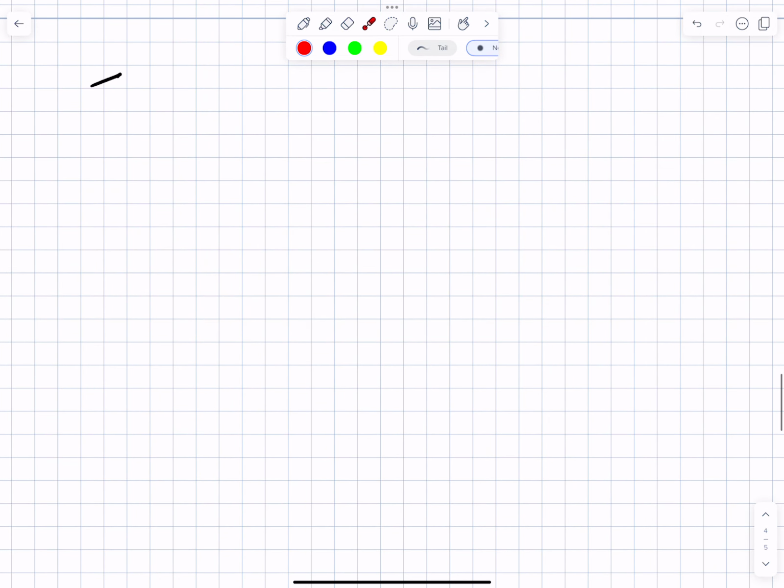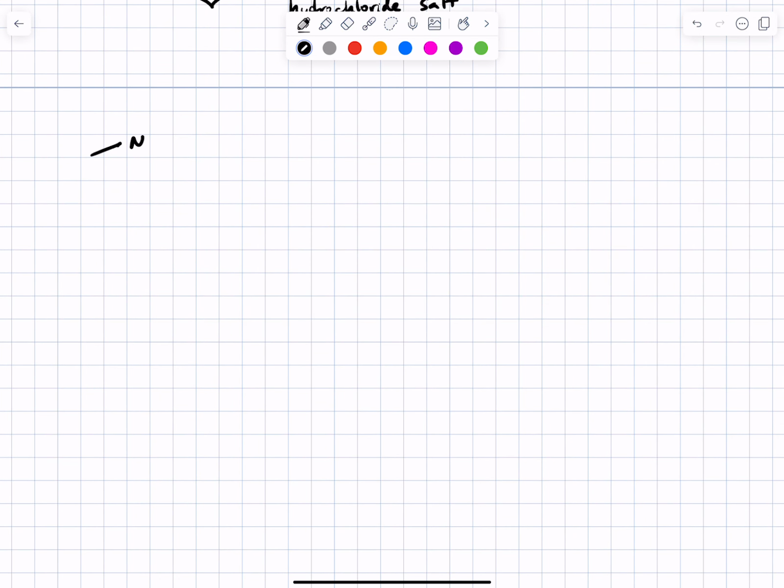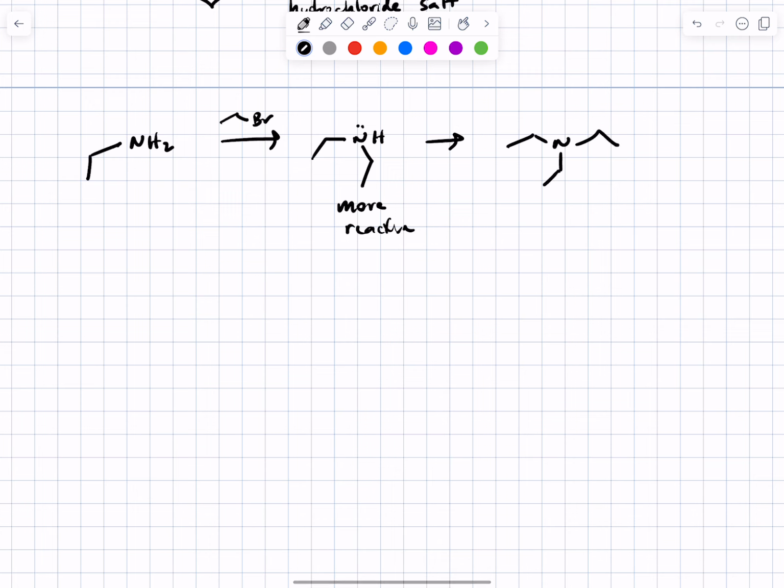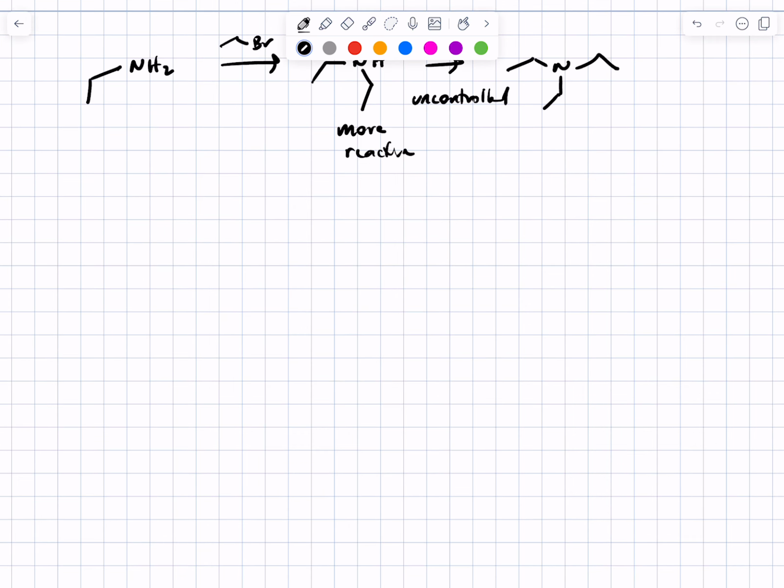So one of the classic problems in synthesizing amines via conventional SN2 reactions is you could say, okay, I want to add another ethyl group to make diethylamine, but then what you make, the secondary amine, is more reactive than the primary amine, and so you would go on to make multiply alkylated amines in sort of an uncontrolled over-alkylation process. So one solution to this is a pretty creative amine synthesis reaction called the Gabriel synthesis.